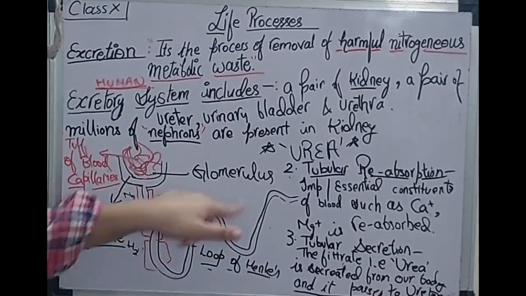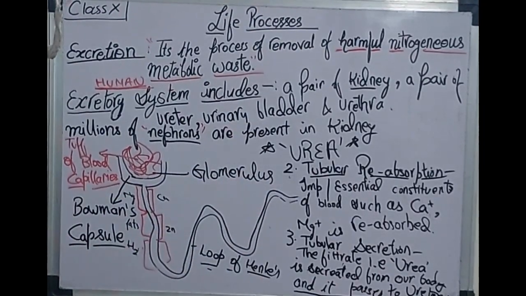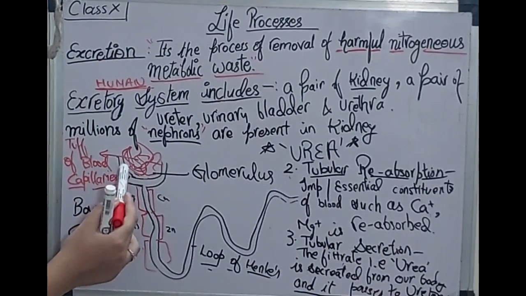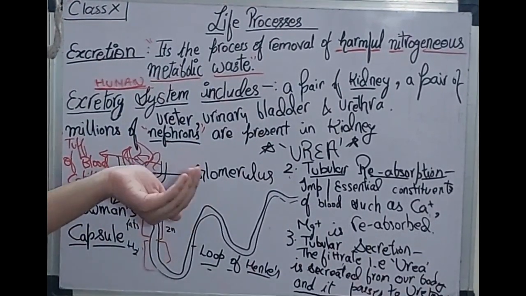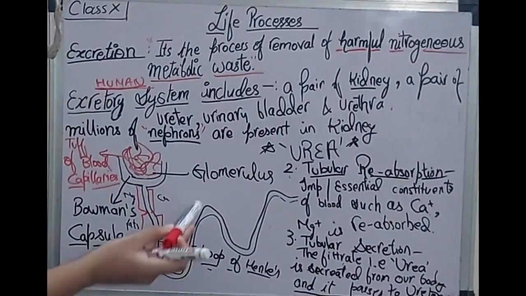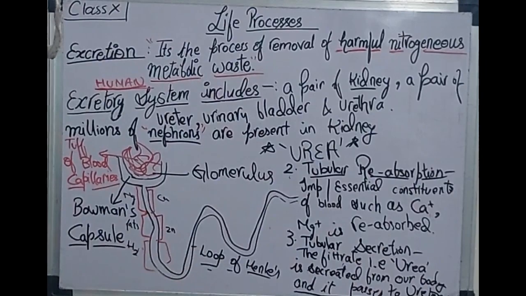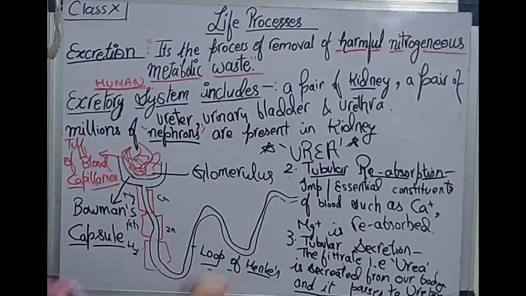This is something your nephron looks like, although we need more practice for its diagram. Glomerulus is the tuft of capillaries. Glomerulus को जो ऐसे hold किए हुए हैं, that is a Bowman's capsule, and then this tubular like structure is loop of Henle. So you can compare these nephrons to your alveoli.